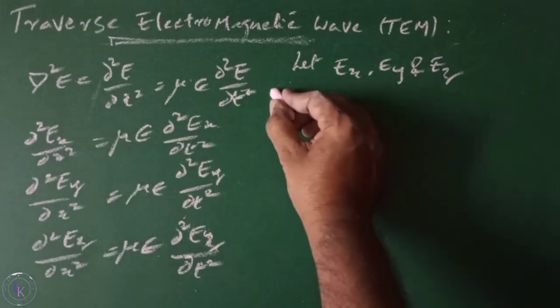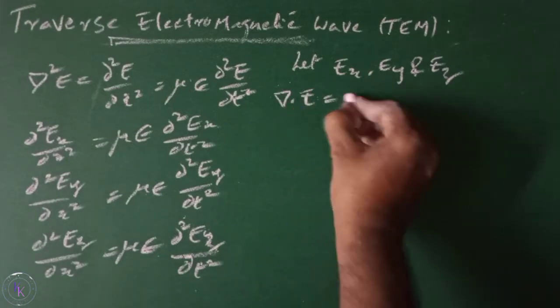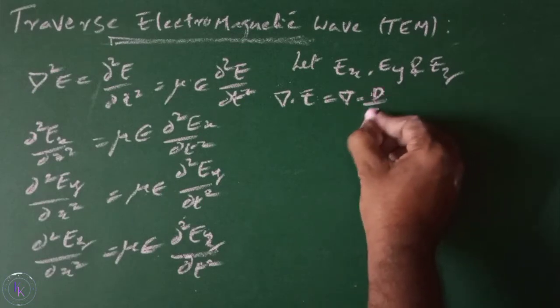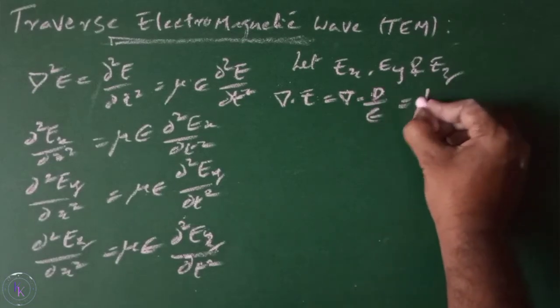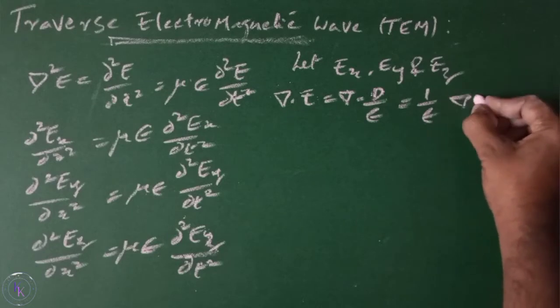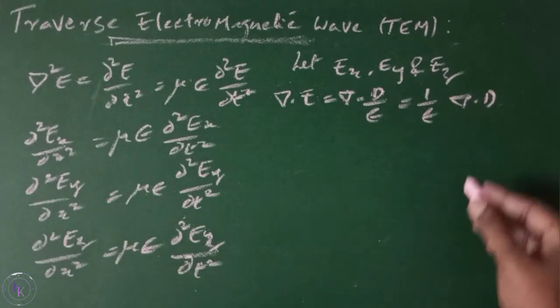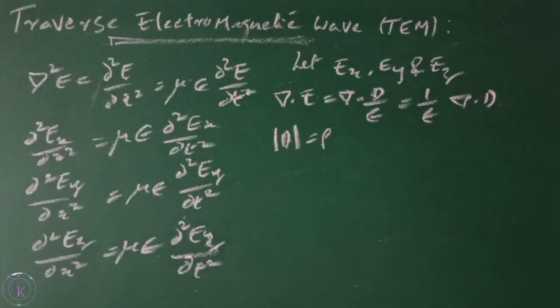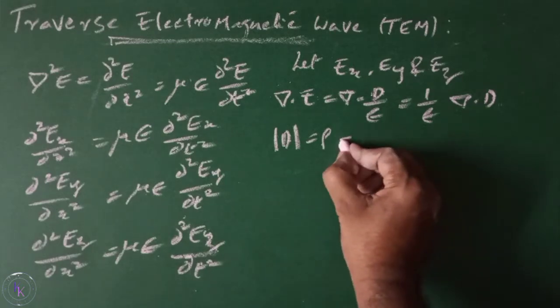Now we know that del dot E equals del dot D divided by epsilon. Then this can be written as 1 by epsilon into del dot D, and the magnitude of D is nothing but rho. From the assumptions made while deriving the wave equation, the charge density is equal to 0.